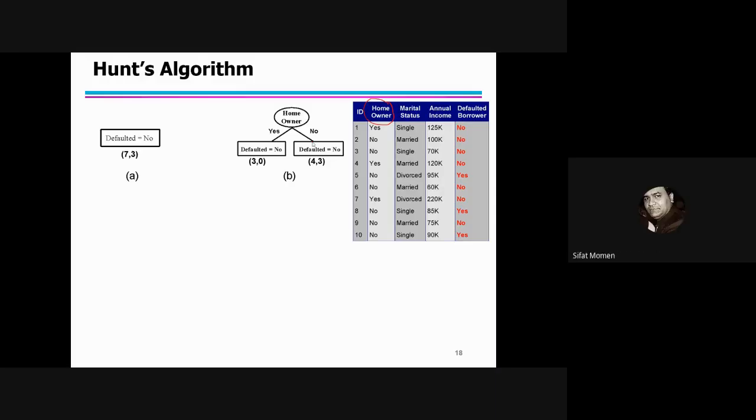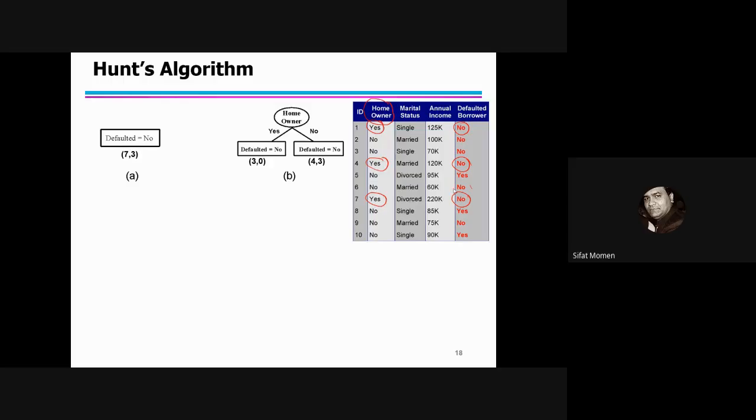Now look at it very carefully. If the homeowner is yes, look at yes. How many yeses are there? 1, 2, and 3. Three are there. For each of these, what's the corresponding answer? No. If the corresponding answer is no, what does that mean?